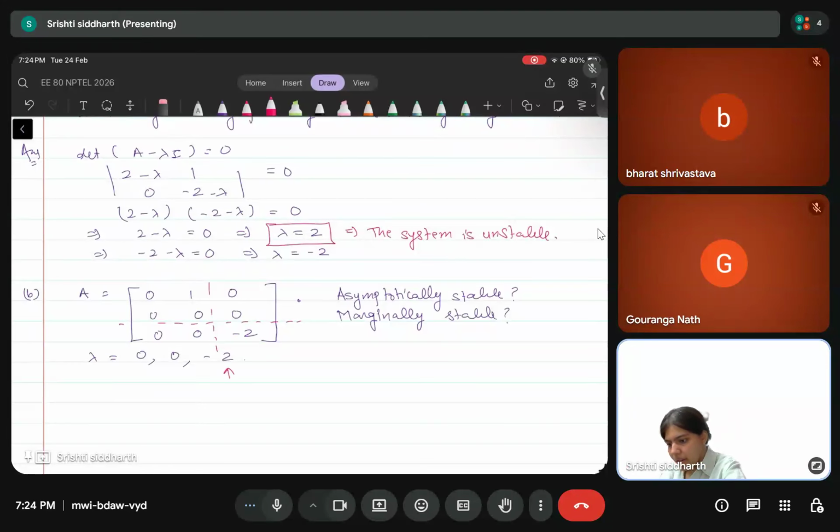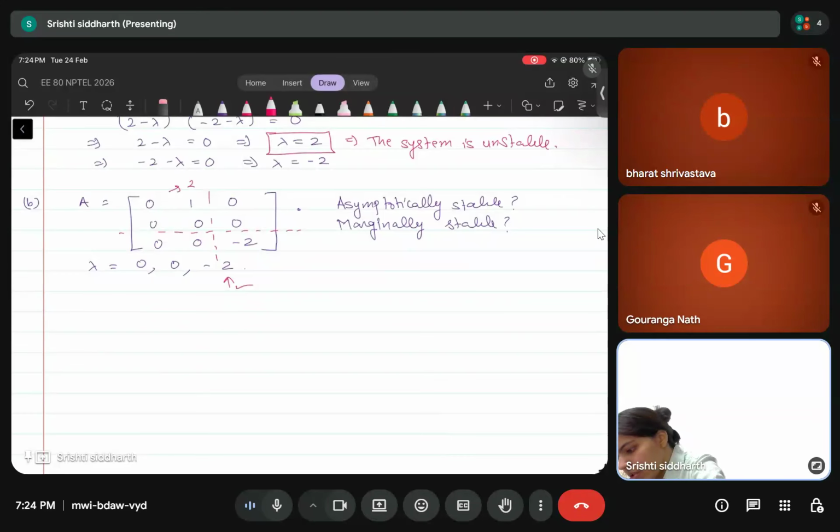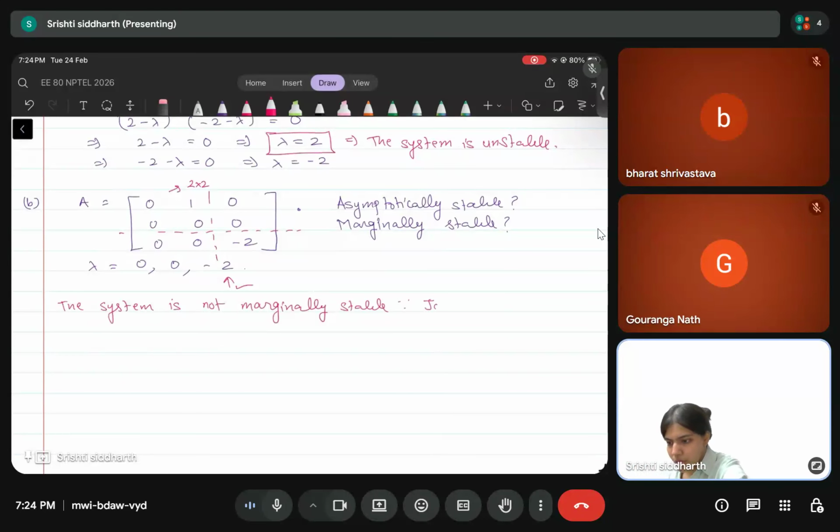So this is fine. But we have eigenvalues with 0 real part, and the dimension of the Jordan block is 2 by 2. So the system is not marginally stable, because the Jordan block corresponding to lambda equals 0 is 2 by 2.